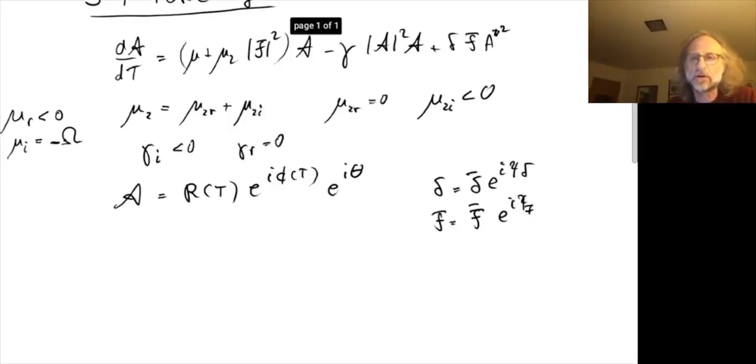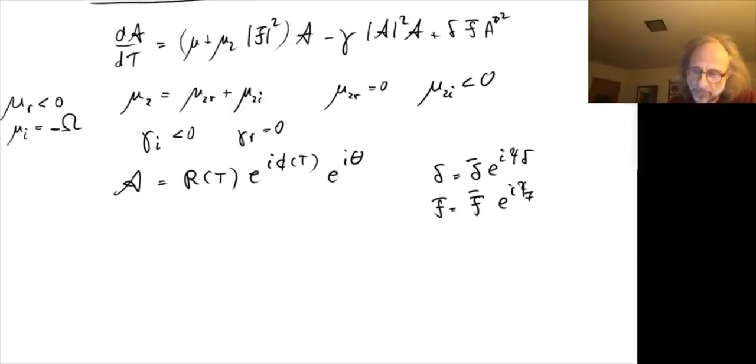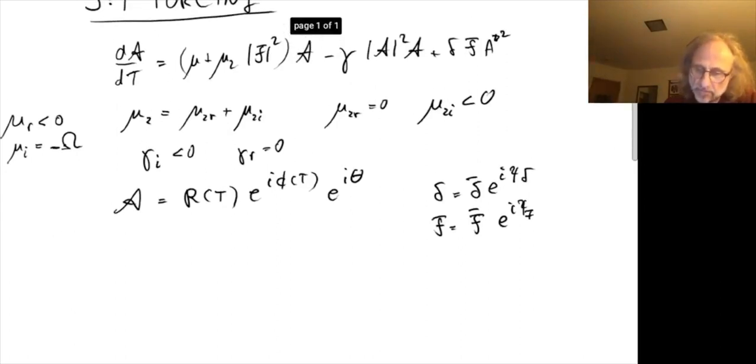So how does that work? As we plug it in, we plug the e to the i theta in here, so we get minus 2 i theta. And then again, from the other side, we get another i theta. So it's 3 i theta with a minus sign, has to be equal to the phase of this thing. So the condition is that we have psi delta plus psi f has to be equal to 3 theta.